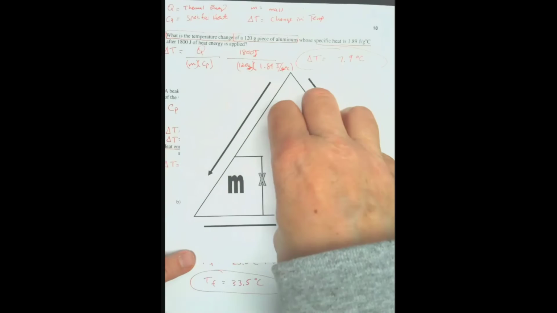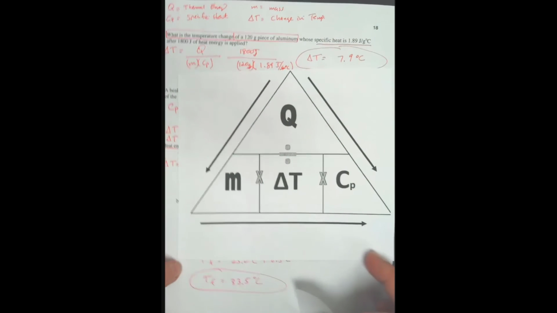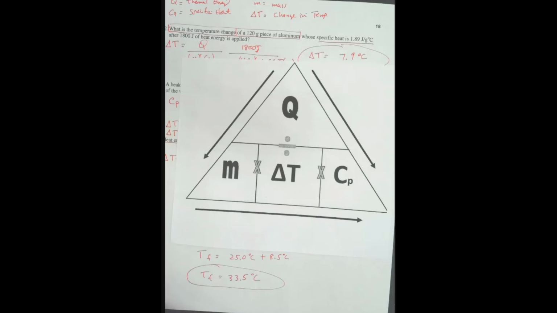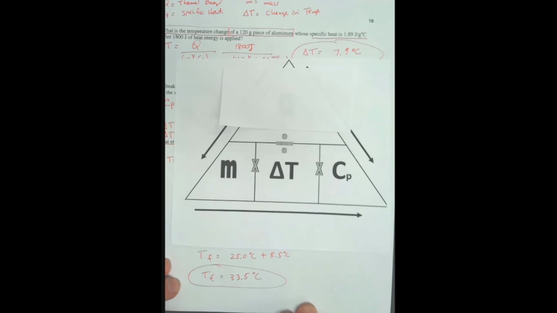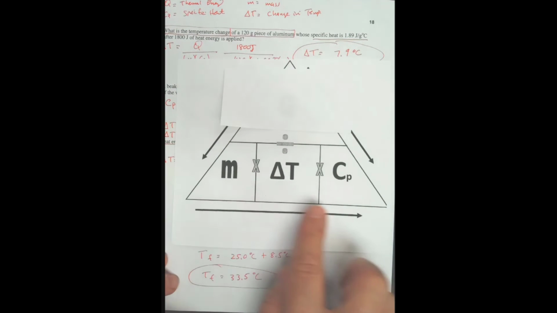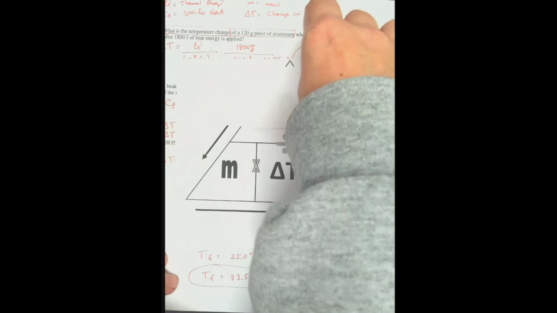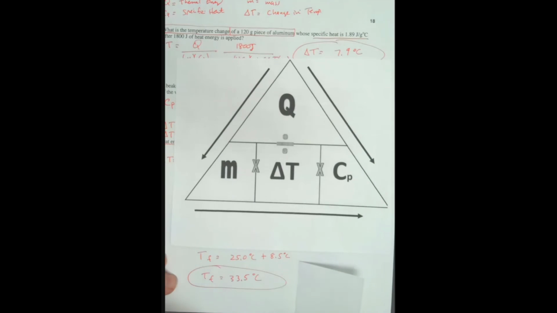All right, guys, so if you have any questions on how to do this particular set, again, what we did differently in this one, compared to our first practice, is that we spent a lot more time manipulating and using the triangle. In our first set of practice, we really just used this one where we were looking for the energy needed, and we ended up using this multiplication formula, where in this one, we manipulated the formula a couple of different ways.